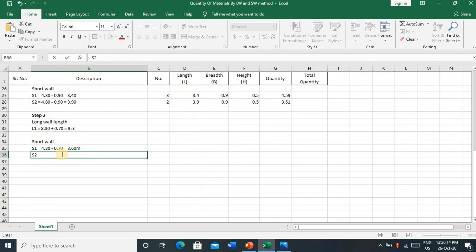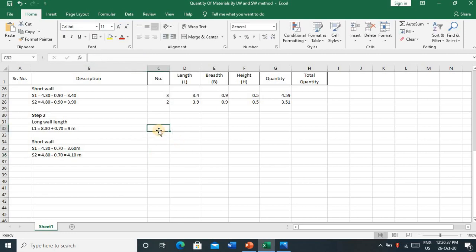And short wall 2: 4.80 was the length minus 0.70 equals 4.10 meter. So here numbers 3, length 9. Once you calculate this part very accurately, the rest remains very easy and fast.